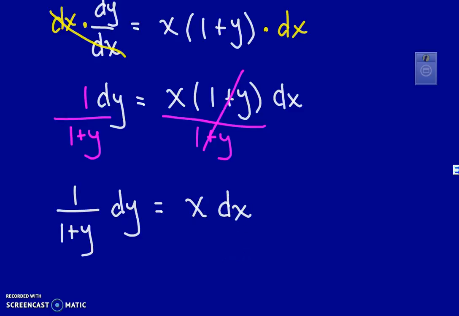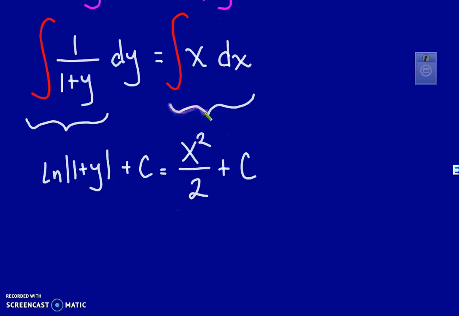And then, again, just like the note said, I can now integrate both sides. Pause the video, try to integrate the left side, try to integrate the right side, and compare your answer with mine.